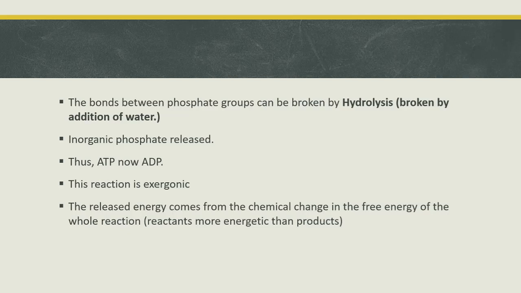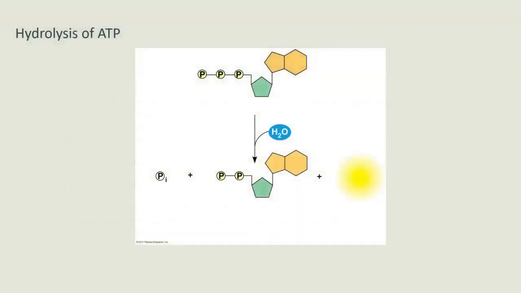That difference between the reactants' energy and the products' energy is where this energy is coming from. Here's a small representation of the hydrolysis of ATP. You can see how water is entering and then one inorganic phosphate is being released.